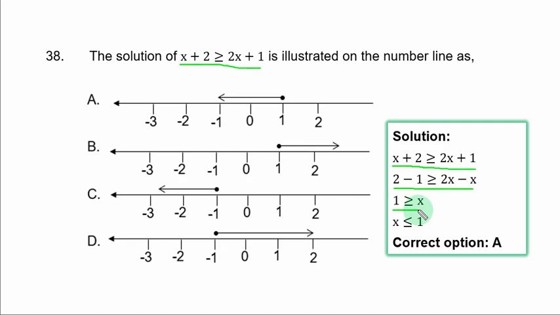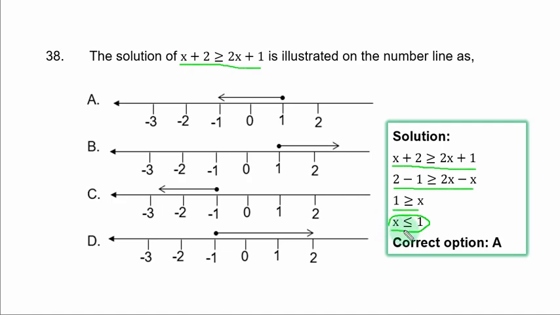s is usually on the left hand side. If you interchange the position of s and 1, the symbol of inequality also changes. So if 1 is greater than or equal to s, then s is less than or equal to 1. So you check the diagram.